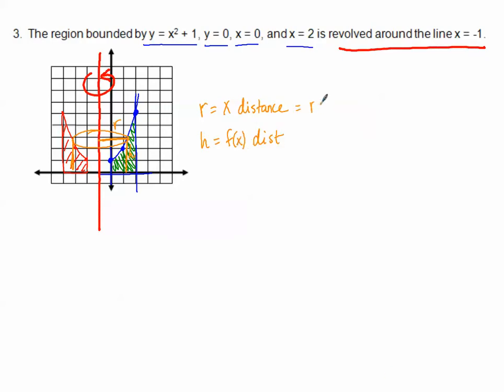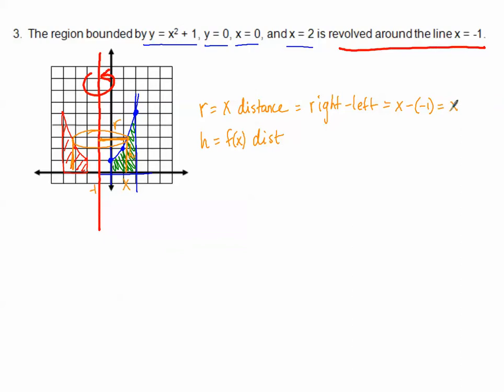So still, for the x distance, that's right minus left, because it's going horizontally. Now this goes out to some x value, but look at what the left is. It's not at 0 anymore, it's at -1. So x minus -1.